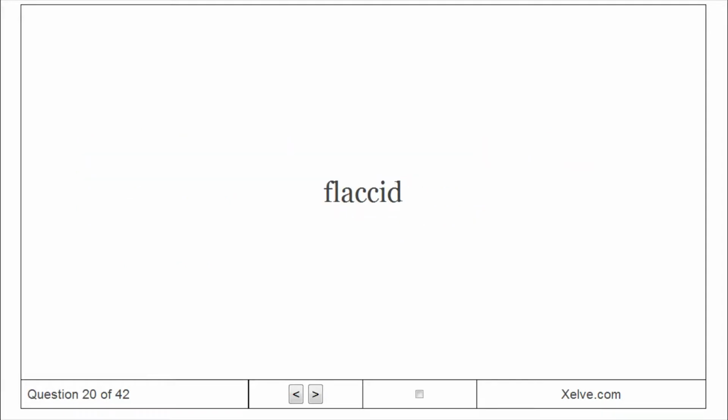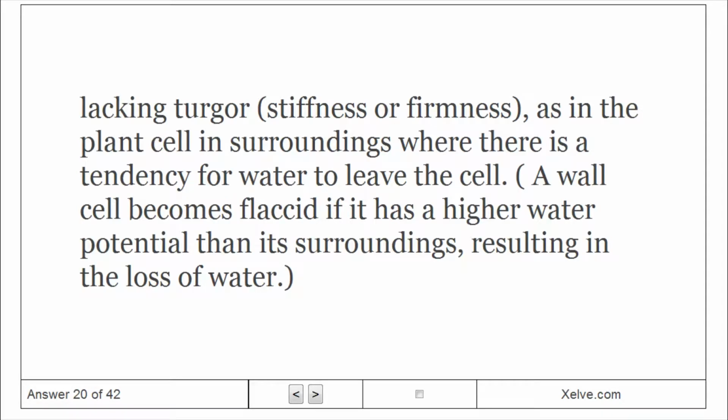Flaccid, lacking turgor, stiffness or firmness, as in a plant cell in surroundings where there is a tendency for water to leave the cell. A walled cell becomes flaccid if it has a higher water potential than its surroundings, resulting in the loss of water.